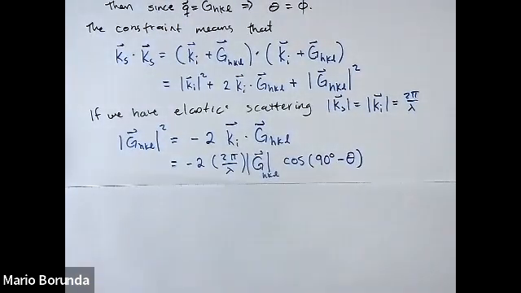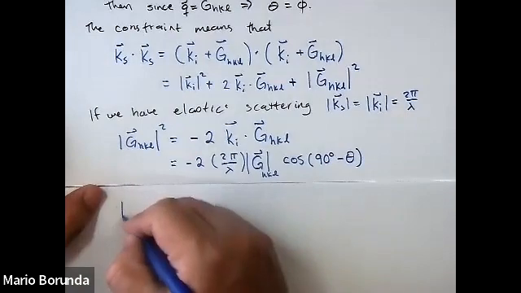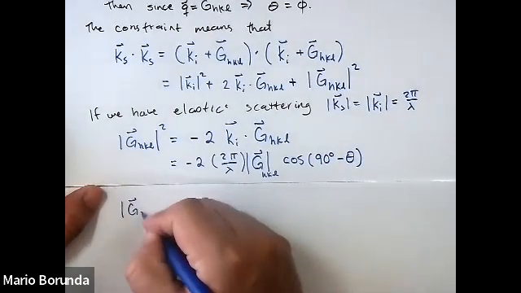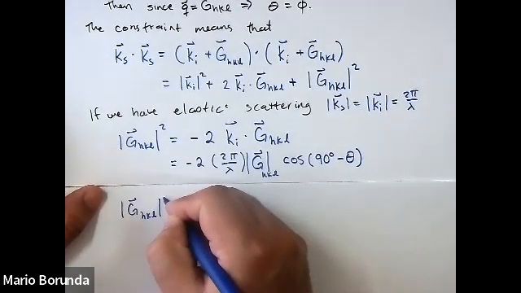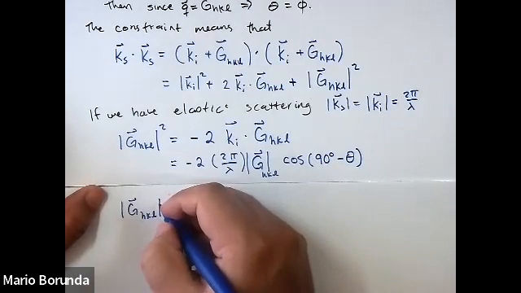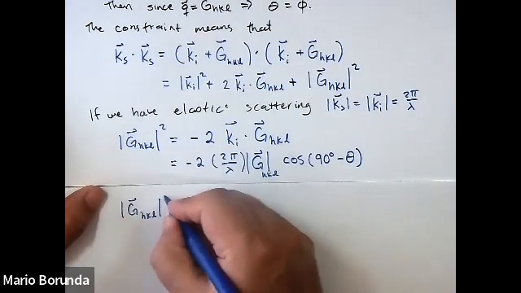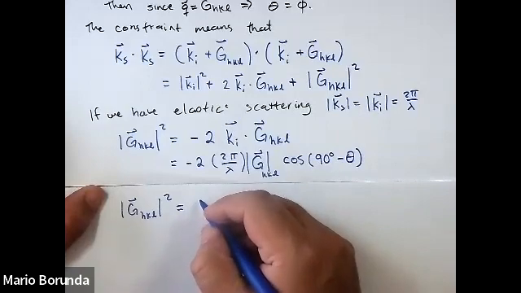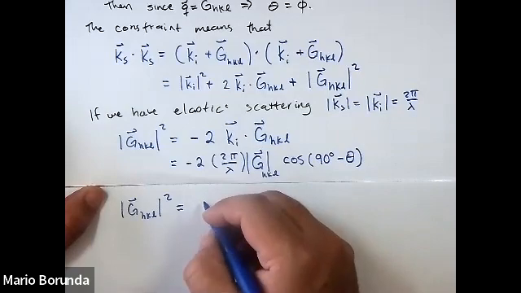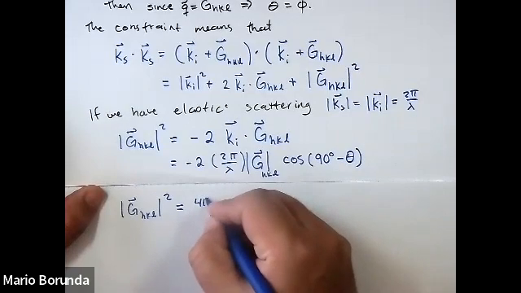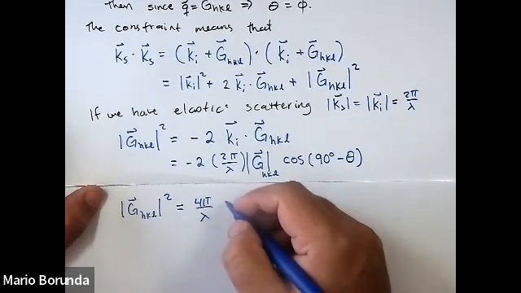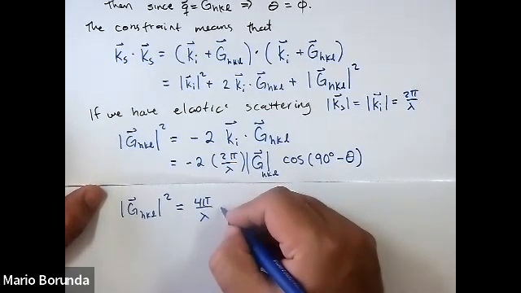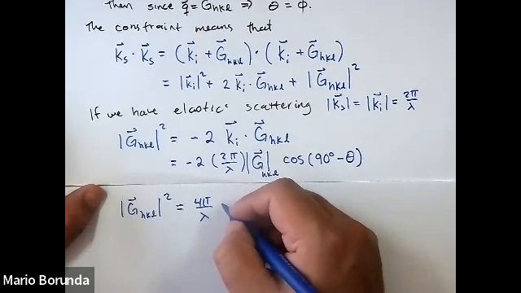So once we have all that, we then have that G_HKL squared is equal to 4 pi over lambda. I think I lost my minus in my notes.